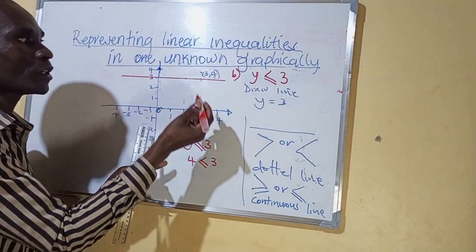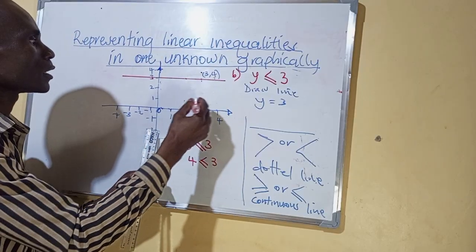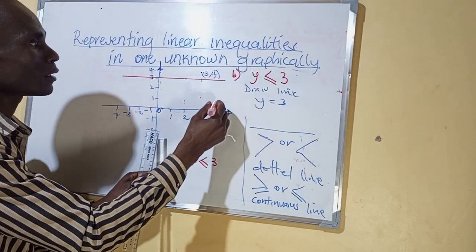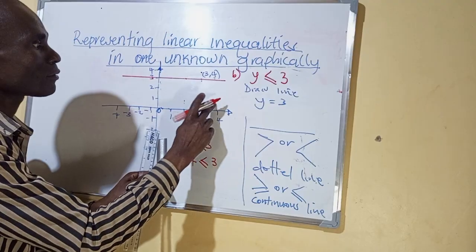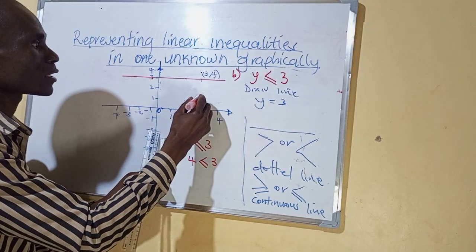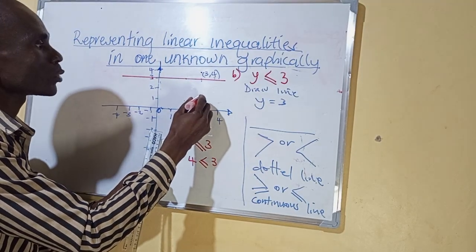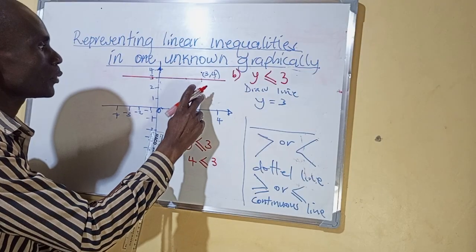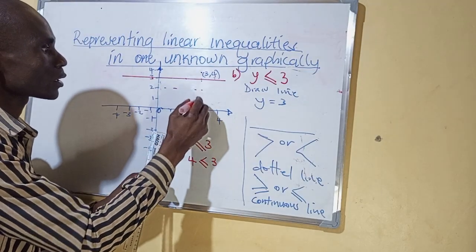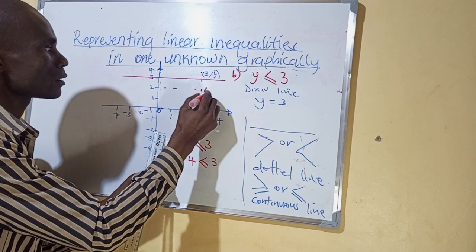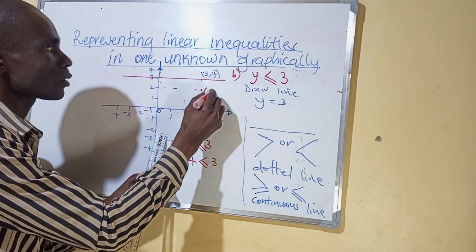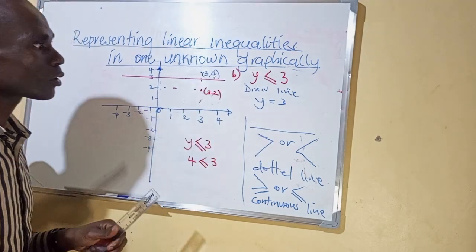Now, let's pick another point, maybe a point below it, like here. So we have this point here, that is 3, 2.